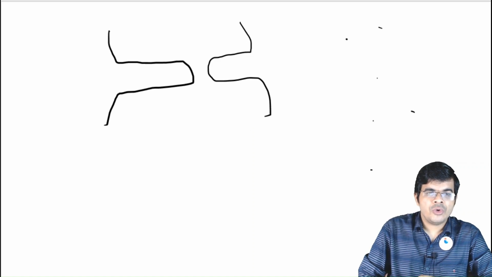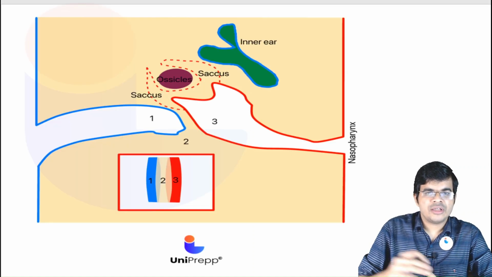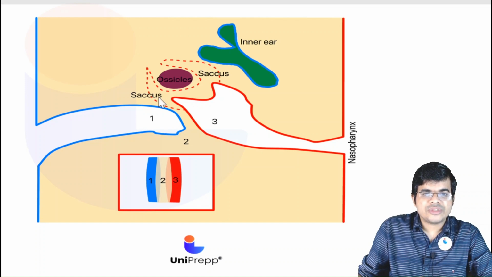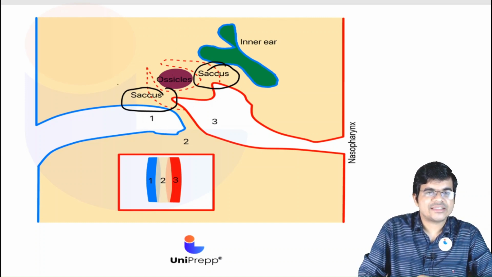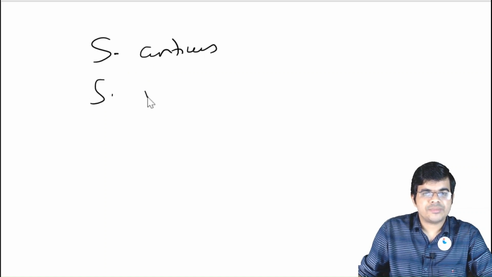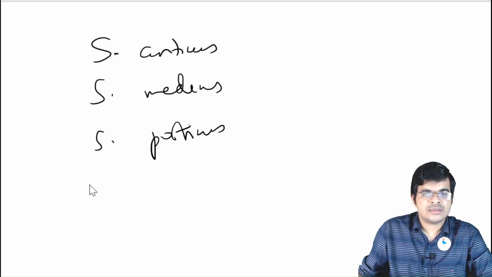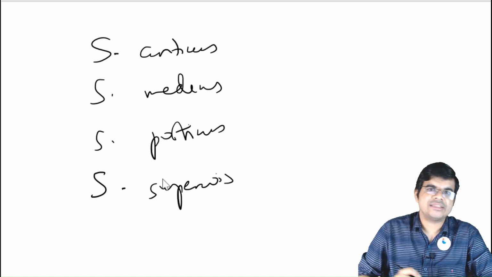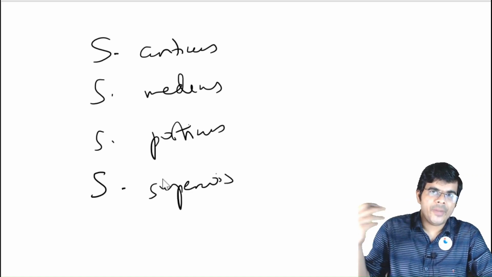Okay, so as you can see in this picture, there are some sacs being formed. This is the tubotympanic recess area, and this recess is forming various sacs, and it is from these four sacs, that is the saccus anticus, saccus medius, saccus posticus, saccus superior, that the various structures in the mid layer develop.